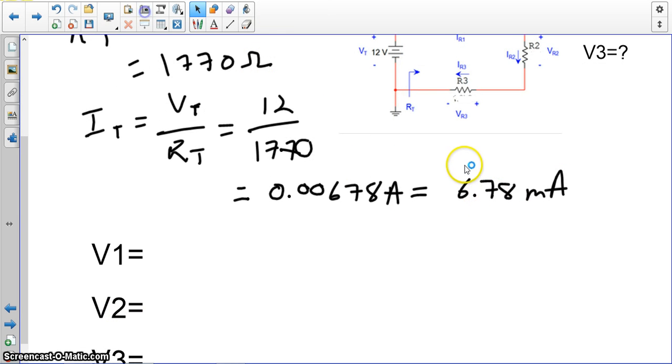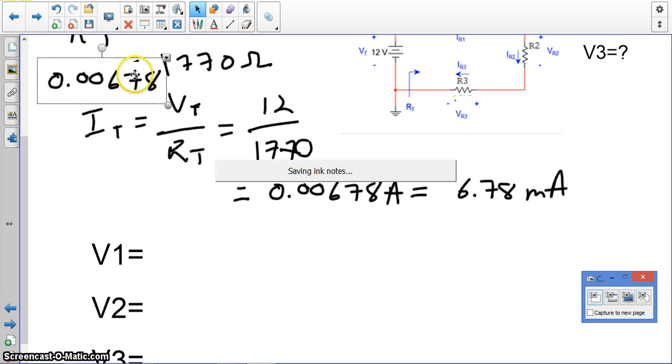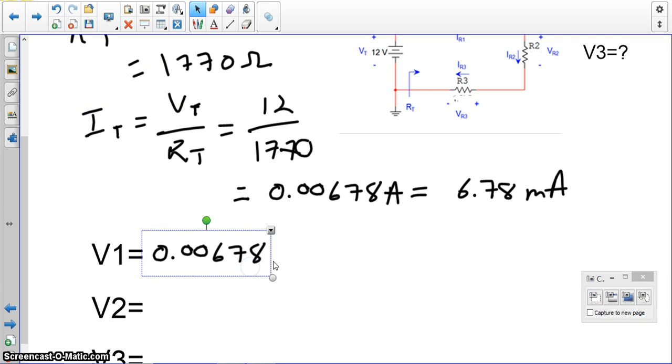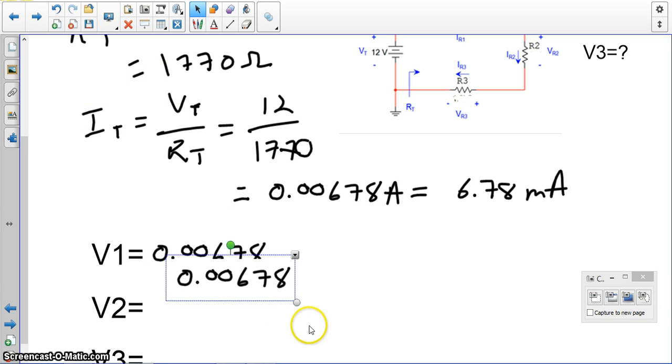In fact, I'm going to be super lazy. I'm going to copy and clone this. Boom, boom.